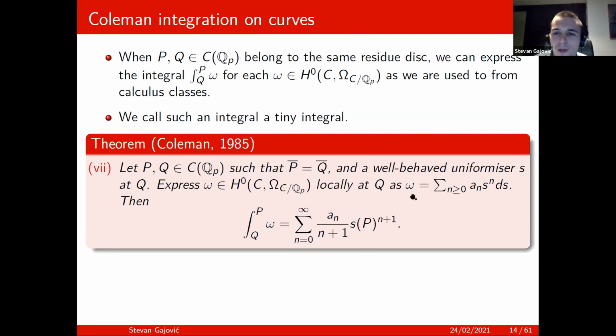So if omega has a power series sum of a_n s^n ds, then we integrate it and just replace P and Q. Of course, since s is a uniformizer at Q, s of Q is 0, so we don't need to subtract s of Q to the n+1. This is how we compute integrals only in the same residue disk, but it will still help us a lot in finding rational points.